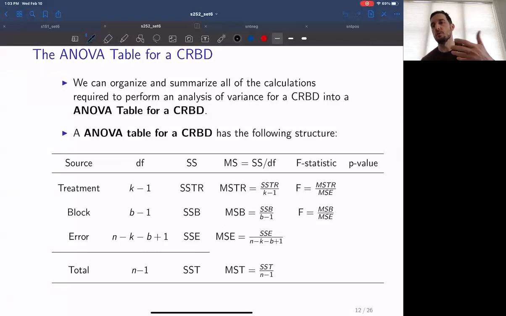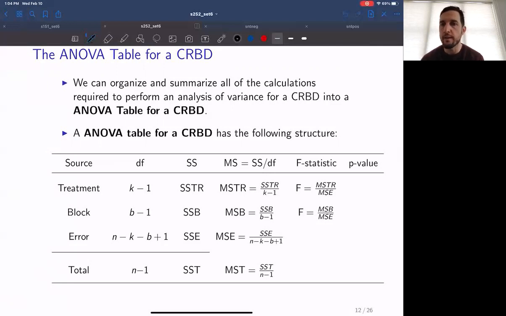So it has a direct relationship or a correlation with the response variable that we are measuring in the experiment. There is a chance that if we do not account for it, it could mask or hide the effect of the treatment that we are actually interested in studying.